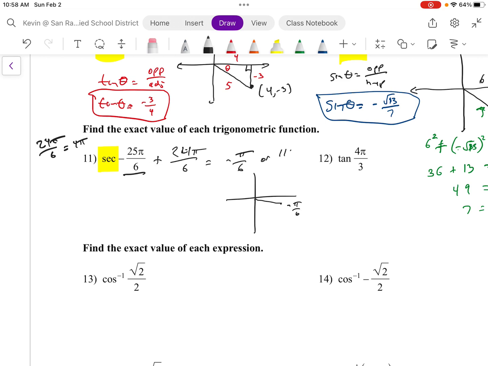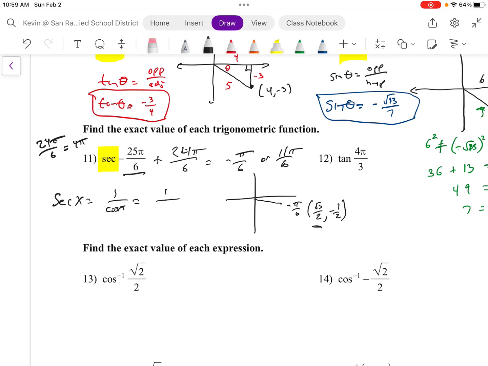Here's my unit circle, -pi over 6, which is also 11 pi over 6. They're all the same thing. And this is going to be √3/2 and -1/2.